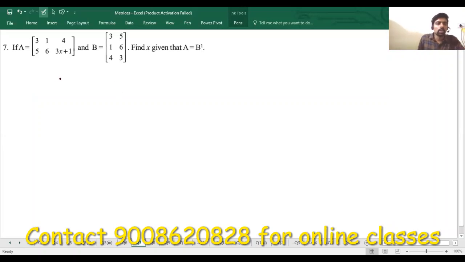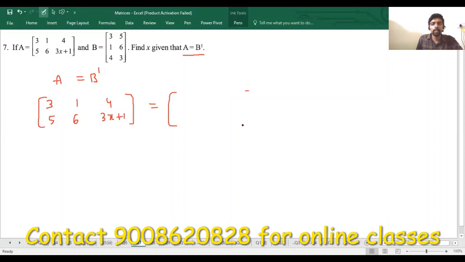So guys, what is given in the question? I'll concentrate on this equation. They said A equals B transpose. So now we know that A matrix is 3, 1, 4, 5, 6, 3x plus 1 equals B transpose.